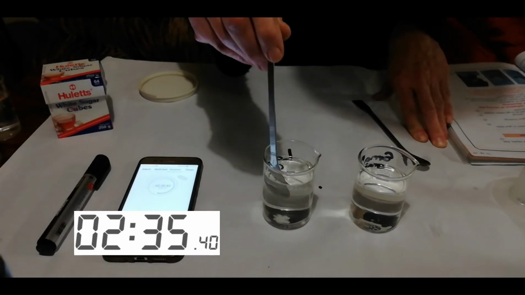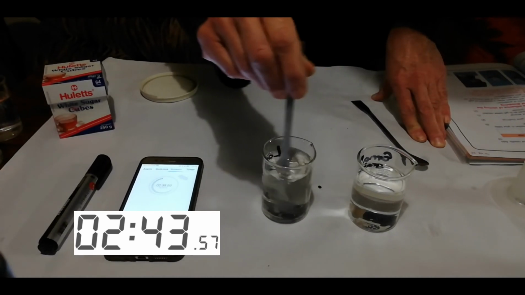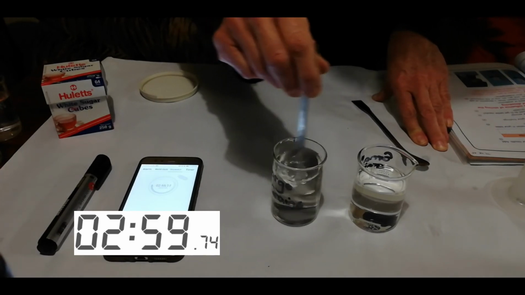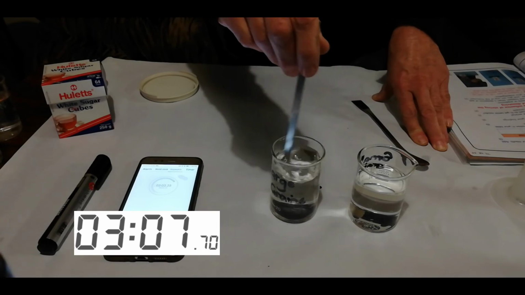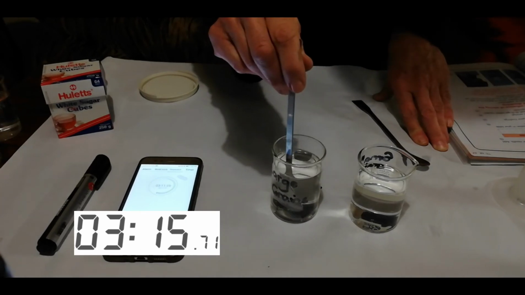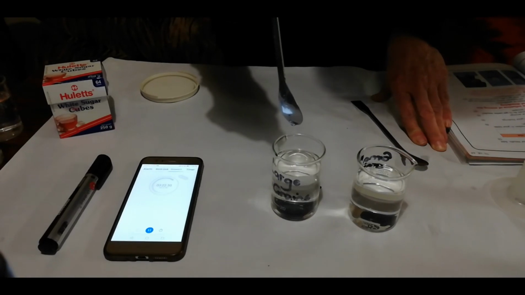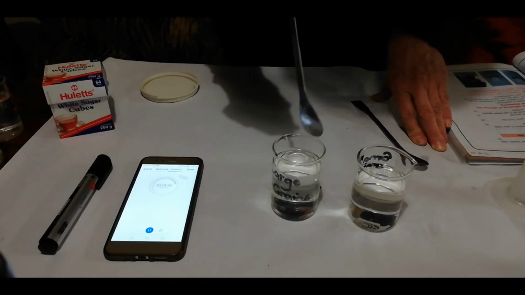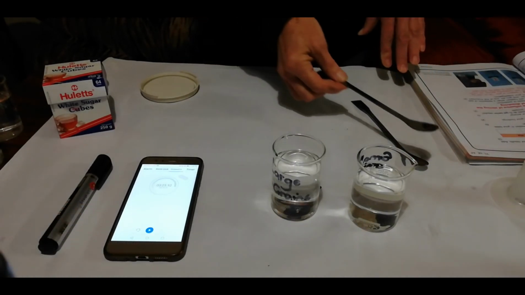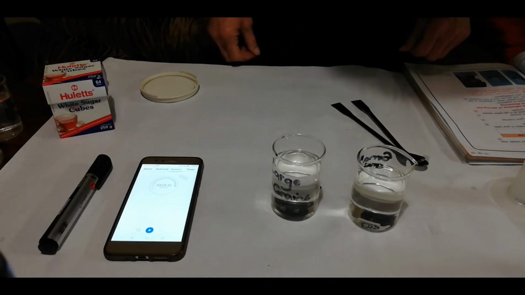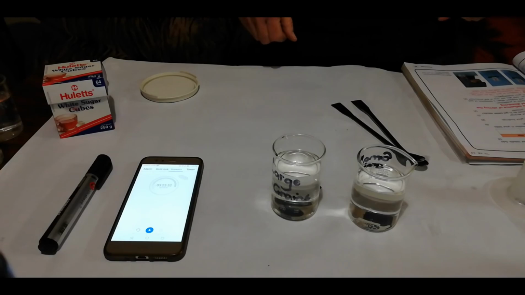I'm going to do half minutes. I think we can call that a day. 3 minutes and 25 seconds to get the sugar to dissolve for the large ones.